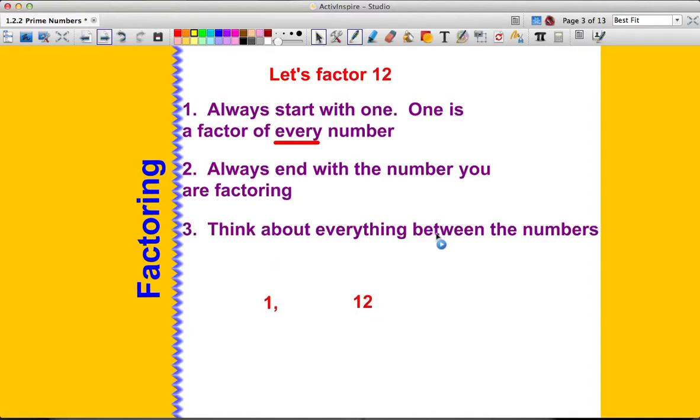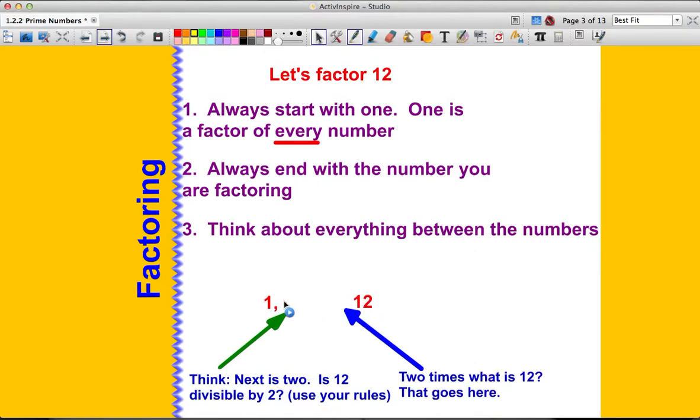Then we start to think about every number that's in between each of these numbers. So I think next is 2. Is 12 divisible by 2? If you remember your divisibility rules, since 12 is even, it is divisible by 2, therefore 2 is a factor of 12.